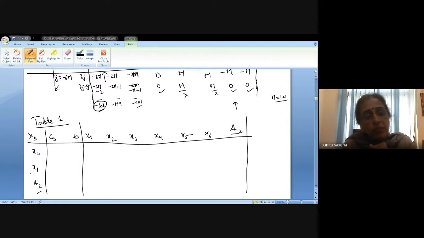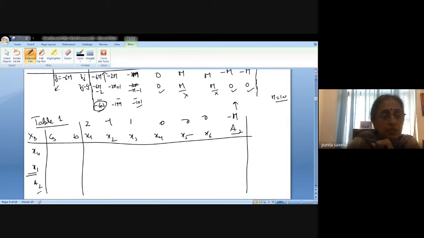The artificial variable that has left the basis, we don't need the column related to that variable. After that, of course, the coefficient will still be -M, and x4, x5, x6 were 0, they will remain. Then it was like 2, minus 1, 1, that will remain, right? Similarly in this table now your coefficients will be 0, the x1 coefficient is 2, and -M.